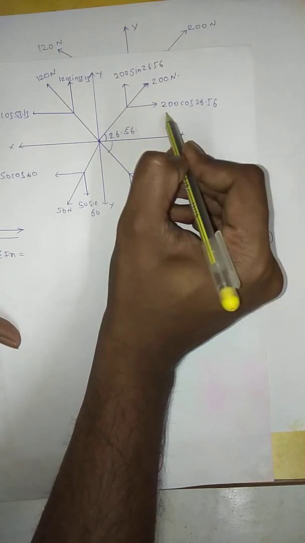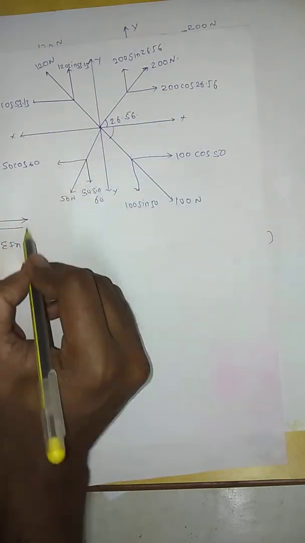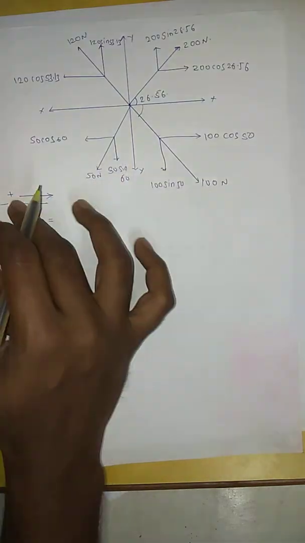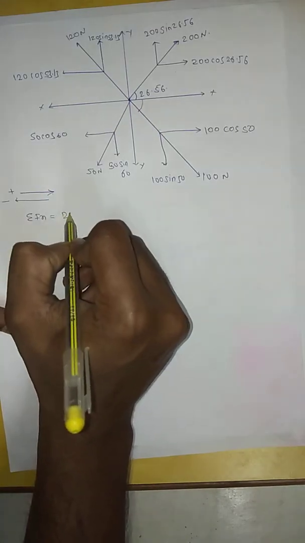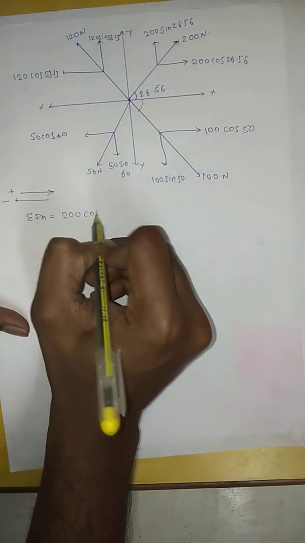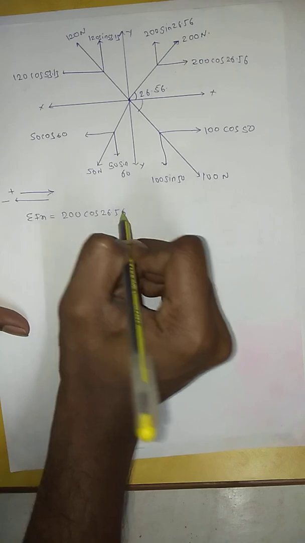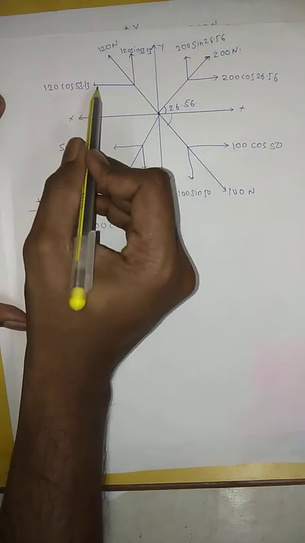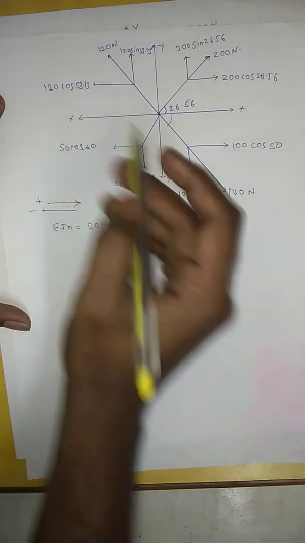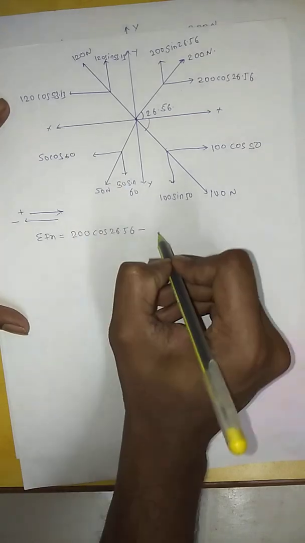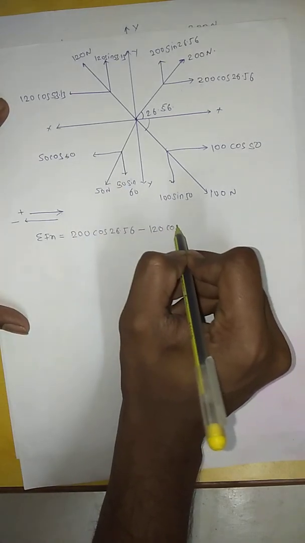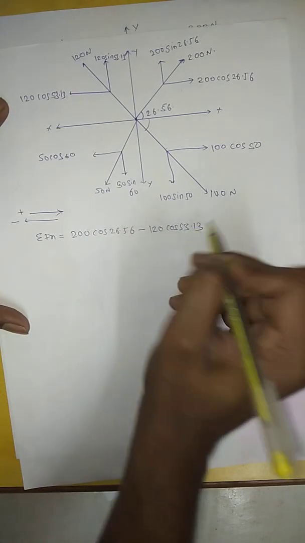Okay, this is the first horizontal force which is in this direction, hence it will be positive. So I can write 200 cos 26.56. Okay, next force, horizontal force is in this direction, so minus, it will be 120 cos 53.13.